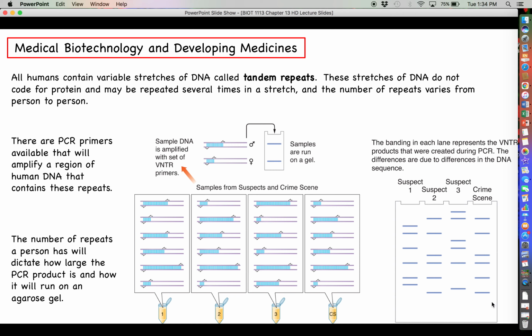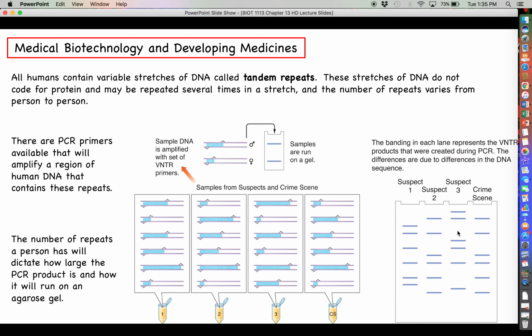So if you run everything out on an agarose gel, you'll notice that you get, like I said, 6 different fragments from the PCR reaction based on where the primers anneal to different parts of the chromosome. So the DNA left at the crime scene should produce PCR products that run from very large to very small.